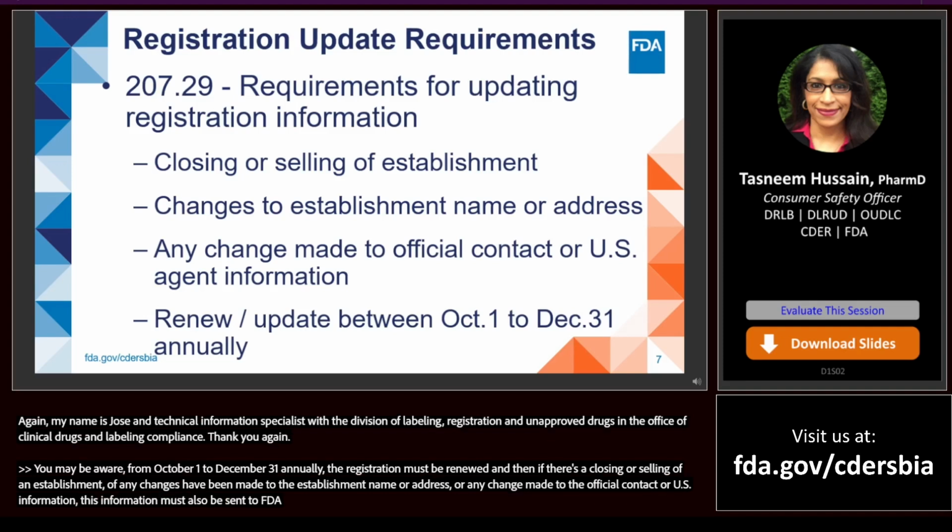If there are no changes, a no change notification may be used to update the requirements, and all the changes that have been made since the last annual update must be reflected in the new information. If no information has been updated, then they can certify that no changes have occurred.